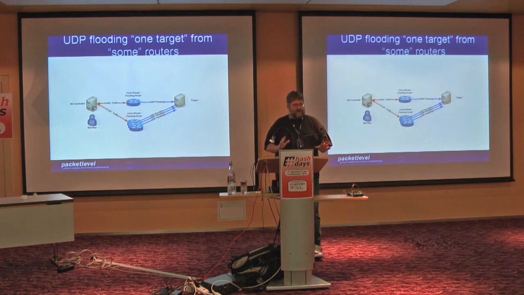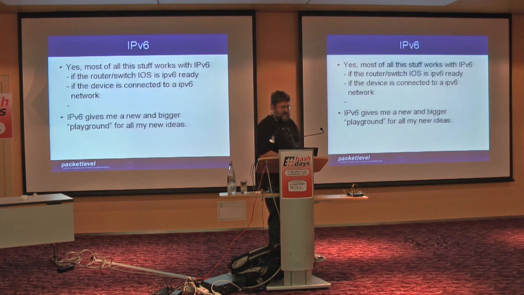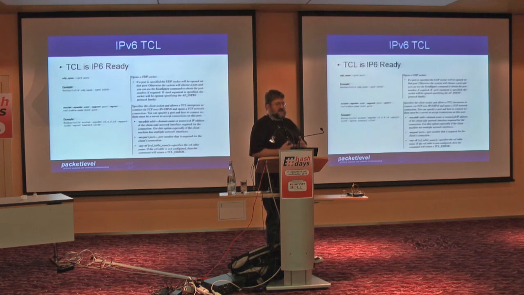All this runs on IOS. And all this stuff works also for IPv6. I'm currently testing this in my environment, and most of this works because all this implementation of Tcl commands in IOS has an option that says, okay, if you want to create open UDP ports, only put the IPv6 option and it's working.